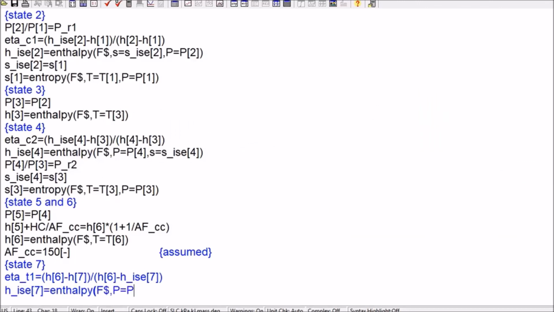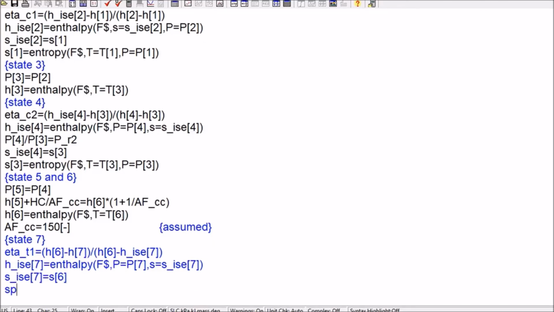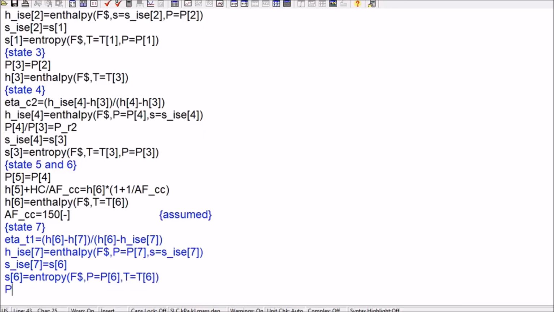So P is P7, and S is S isentropic 7. S isentropic 7 is S6, and S6 is the entropy of the fluid with P equal to P6, which is known, and T equal to T6. P6 is the same as P5.